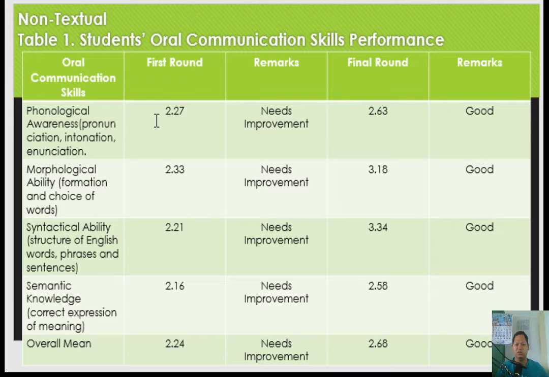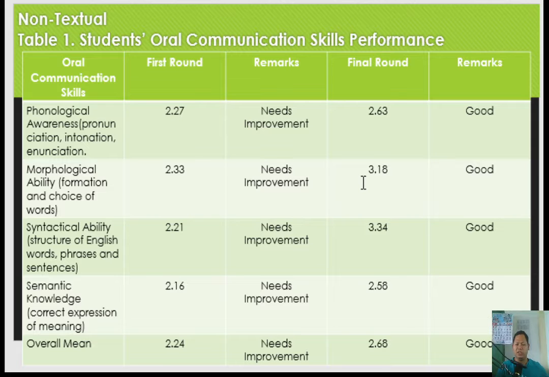The first round, this is the mean 2.27, then 2.23, 2.16, 2.24. Then the remarks are also based on the rubric, so it could be needs improvement, etc. Then the final round, 2.63, 3.18, etc. The remarks is good.